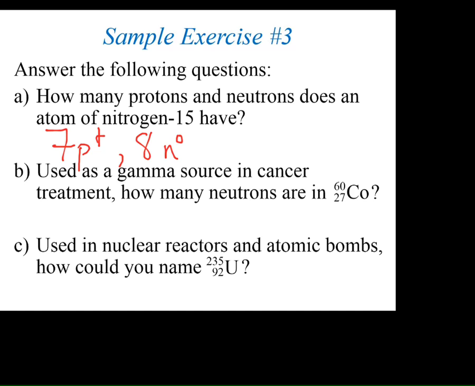What do you think for cobalt 60? Again, it's used in cancer treatments like gamma knife surgery, they call it sometimes. What do you think? Ask your neighbor. How many neutrons are in that? Okay, you're right, so B is how many? What'd you say? 33 neutrons. 60 minus 27, right?